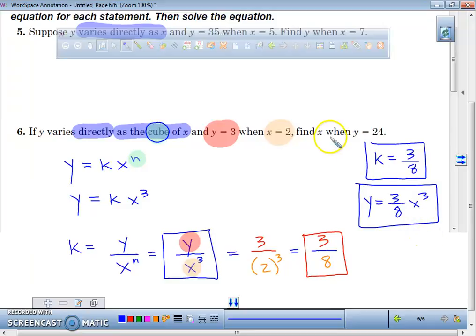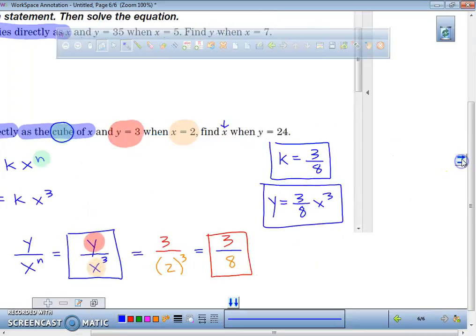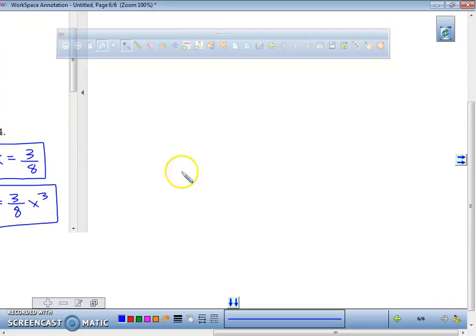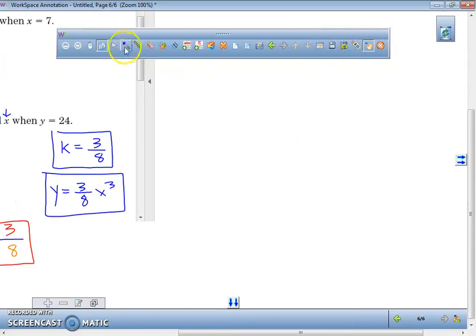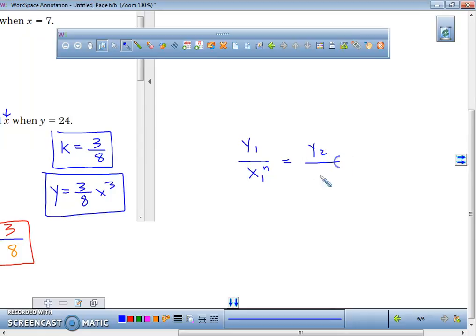So we found k, we found the equation, and then we have to solve. What do we have to find? Find x when y is 3. Do you remember in your notes we had a little chart of how to set things up and solve? If you look at your chart, at some point you probably see something that looks like this. Ready? y1 over x1 to the power of n equals y2 over x2 to the power of n.